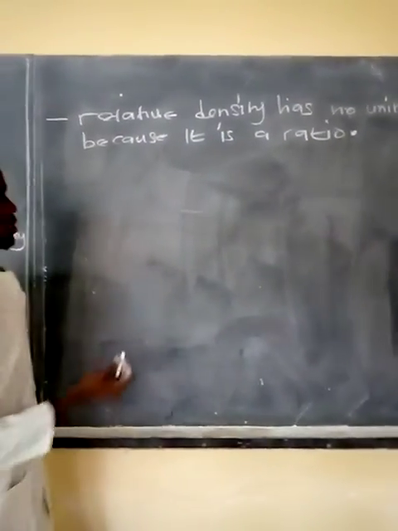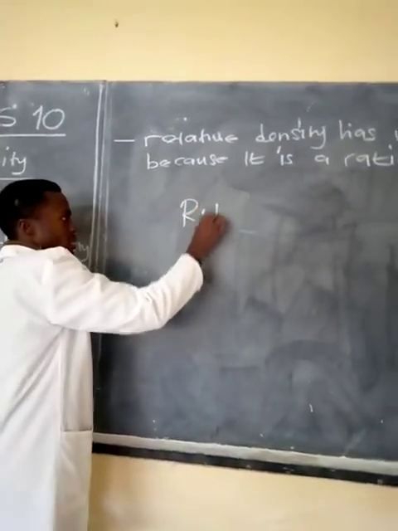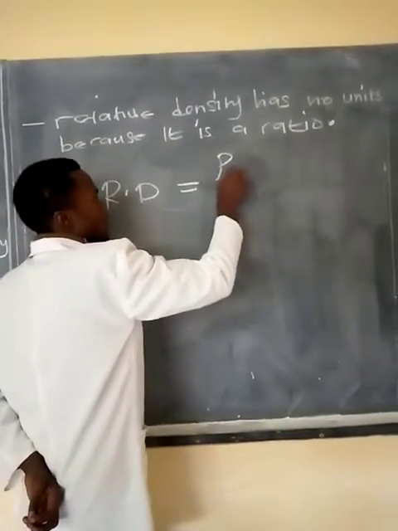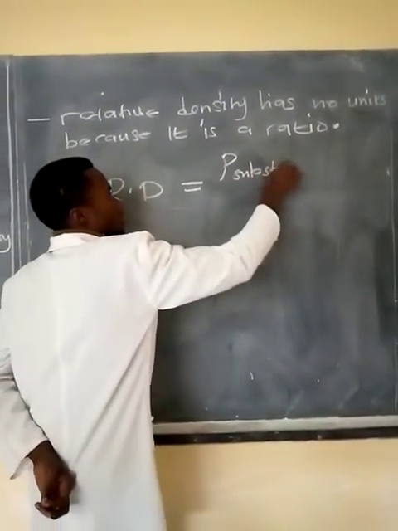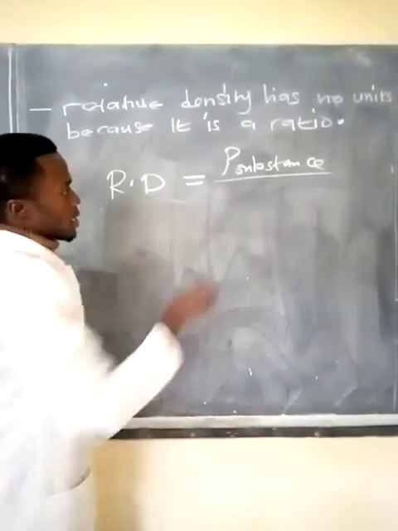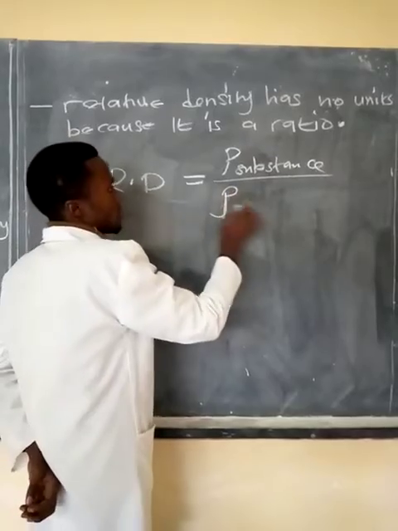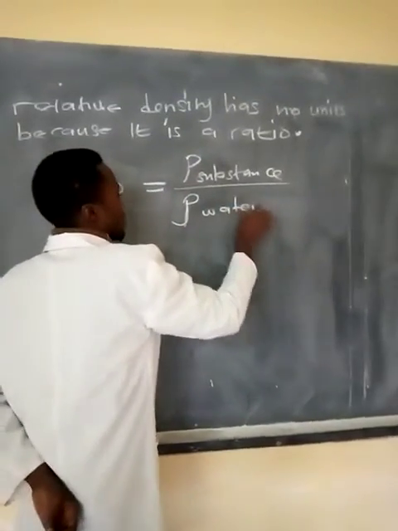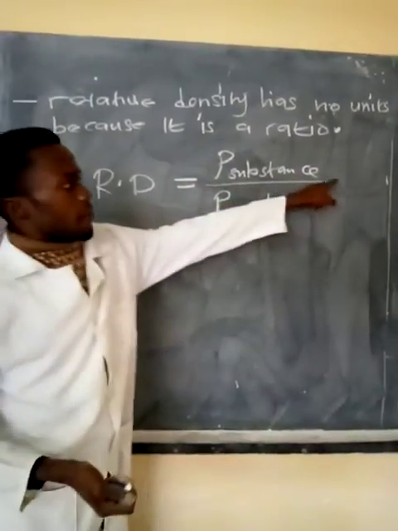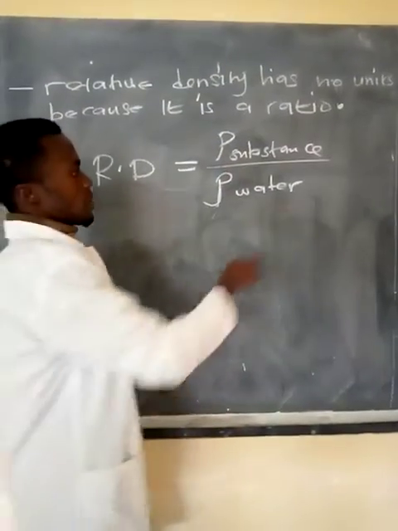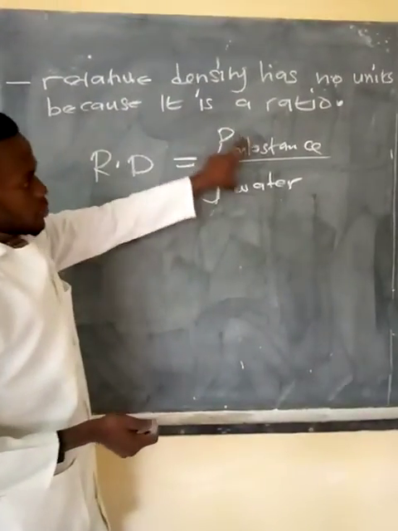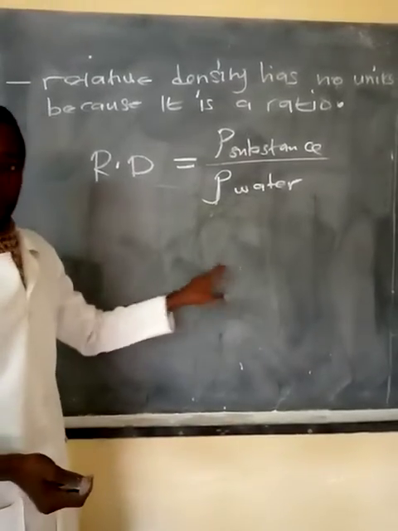Now, what you're trying to say is this: RD is equal to the density of a substance over the density of water. So if we were to put up the formula for the density of a substance, also the formula for the density of water, then let's see the formula that we're going to come up with.